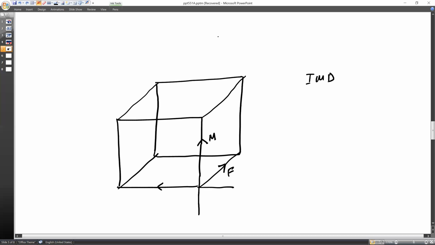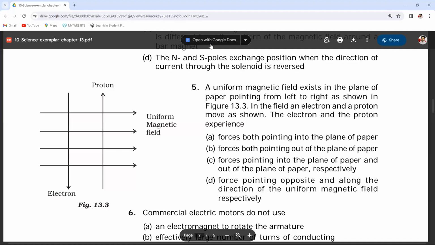Here we have a book for you. Is it visible to you now? Yes, sir. It's visible. Okay, then tell me what should be the answer for question number 5.